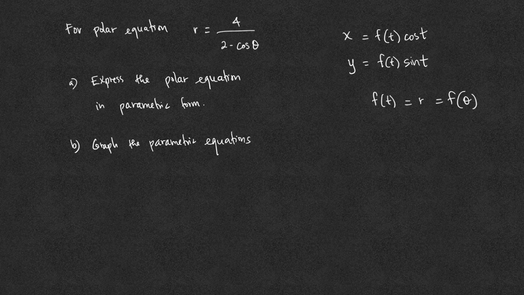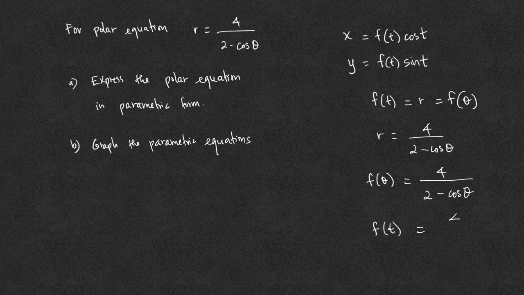In this problem, r equals 4 over 2 minus cosine theta, so f of theta equals 4 over 2 minus cosine theta, and so f of t equals 4 over 2 minus cosine of t.